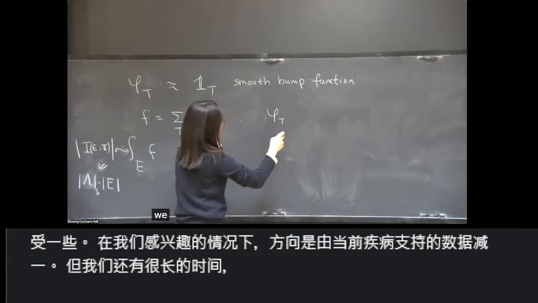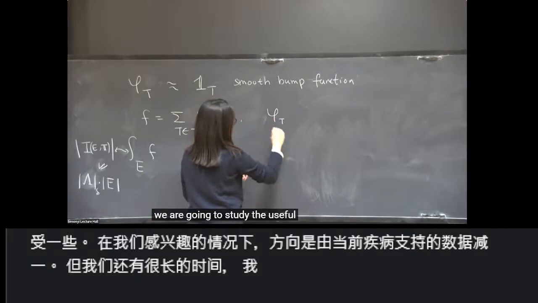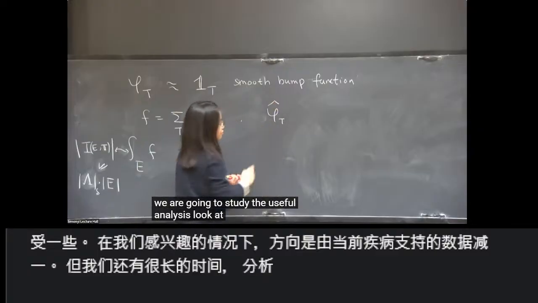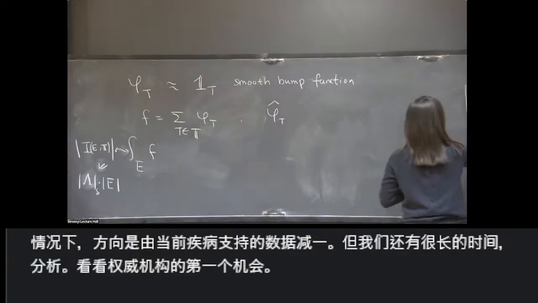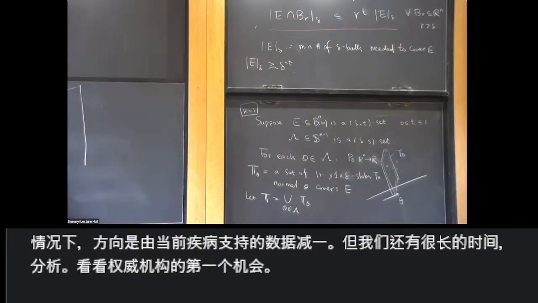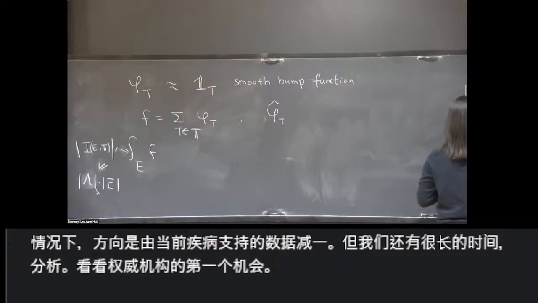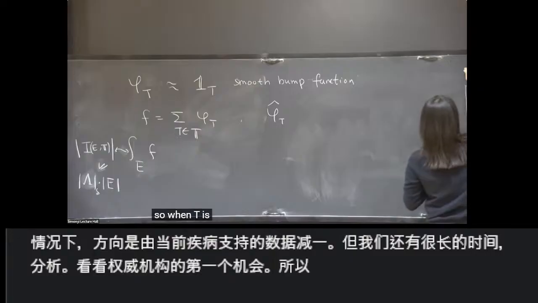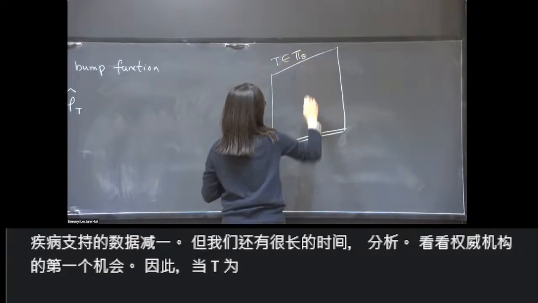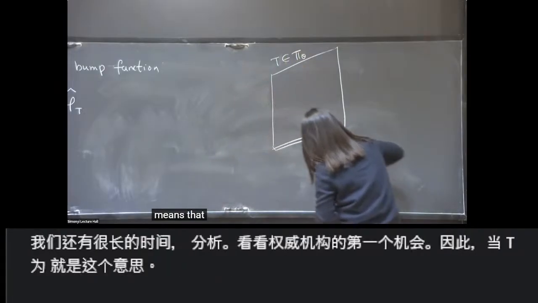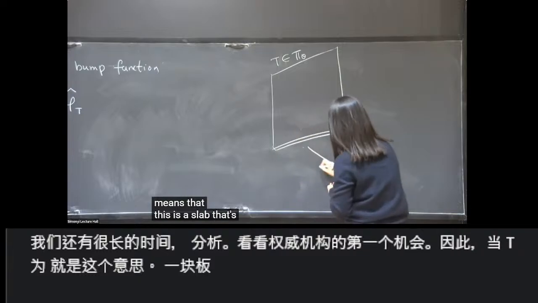So I said that we are going to study this with Fourier analysis. So look at the Fourier transform of phi t. When t is in the fraction t theta, this means that this is a slab that's normal to direction theta.